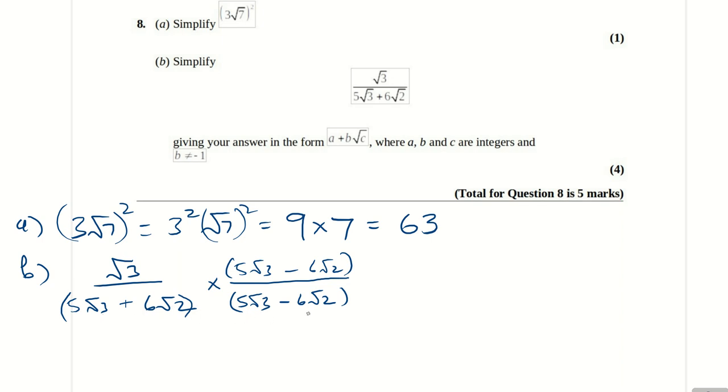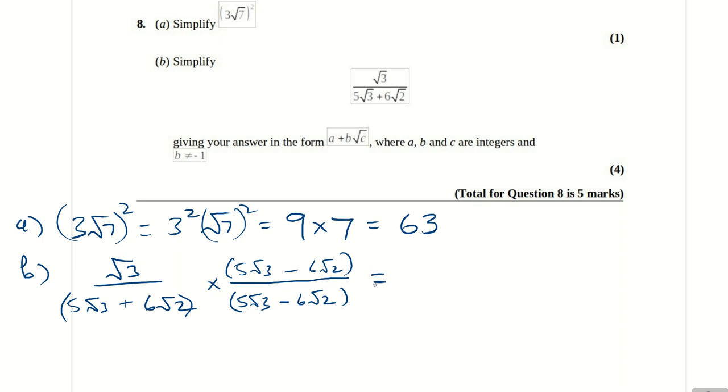Well, when we multiply, for example, root 3 by root 3, that's just going to go to 3. That's going to get rid of the square root. We are going to end up with the square root of 3 times the square root of 2, but because we've put a minus in here, that's going to cancel out.